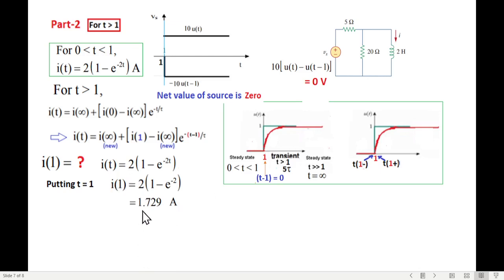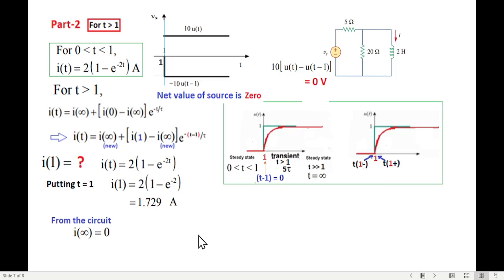So this is our initial current, initial condition. Now let's come to the final or the infinite. Now from the circuit, I infinity is 0. How? Because this voltage is 0. Since this voltage is 0, no matter how long you keep it on, there will be no current flowing, and therefore this is 0.